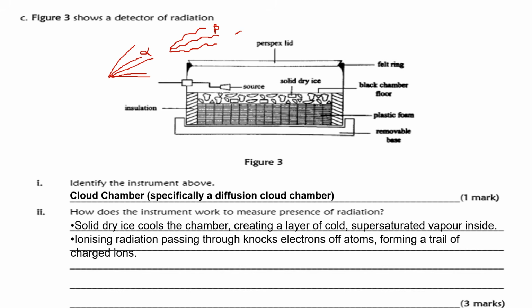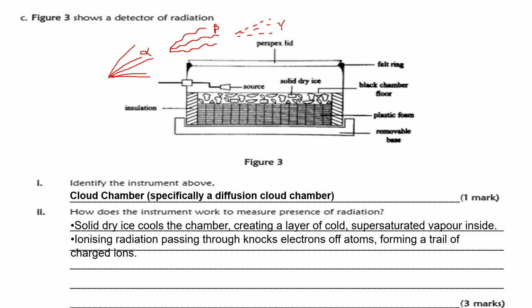Whereas just inconsistent tracks like these will imply the presence of gamma. This will be seen inside here due to ionization. And most importantly, this is a suitable way of detecting alpha radiation, which is the most ionizing.